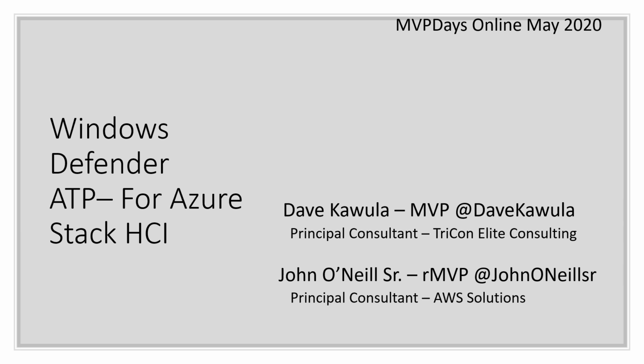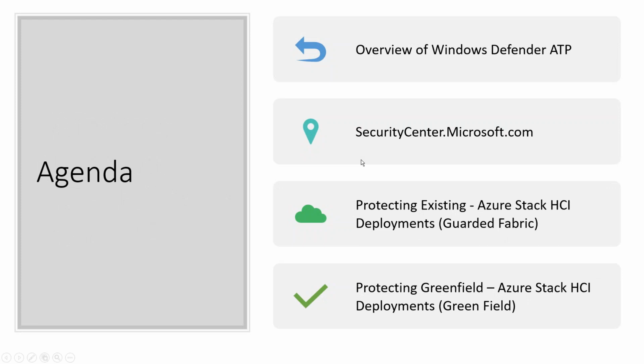Awesome. Well, let's take a look at our agenda. Let me see if I can advance my slides here, see if technology will work for me today. In this jam-packed session, we're going to try to get this done in about 30 minutes or so. We're going to go through a quick overview of Windows Defender Advanced Threat Protection, and maybe not exactly in this particular order, because I think I may have mixed up some of the slides. That might have been my fault. We're going to talk a little bit about the Security Center, the Microsoft dashboard and portal that we've got for Defender Advanced Threat Protection.